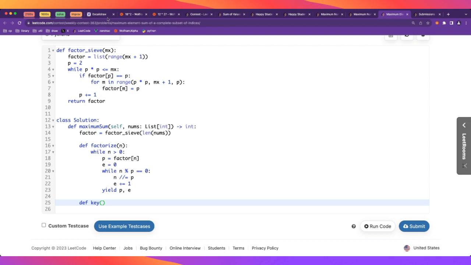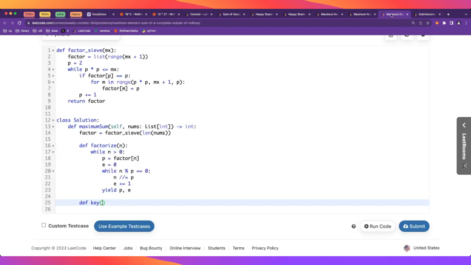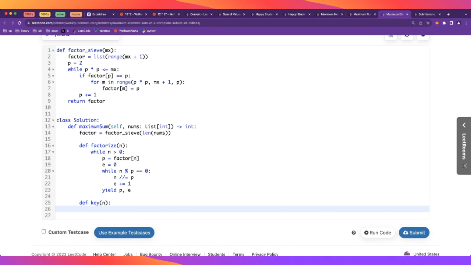This representation that we explained here, that we'll use only the mods of the exponents, let's call it the key of n. So how do we compute the key of n?